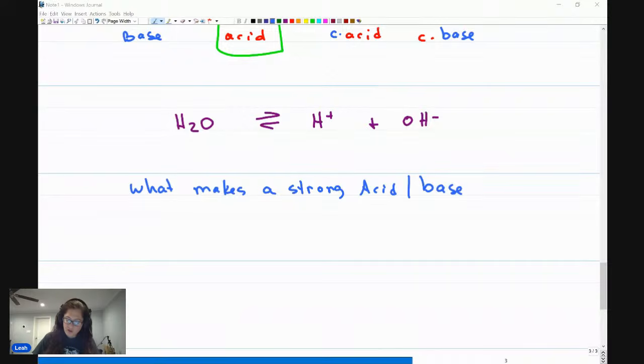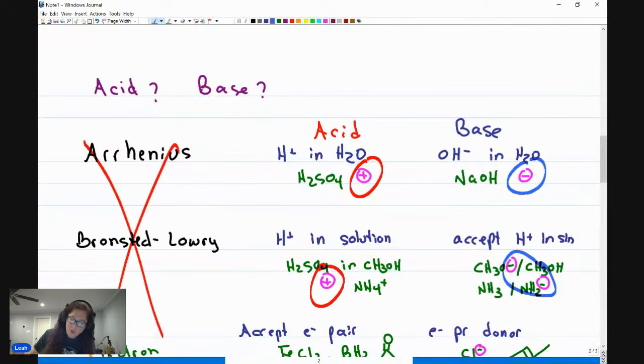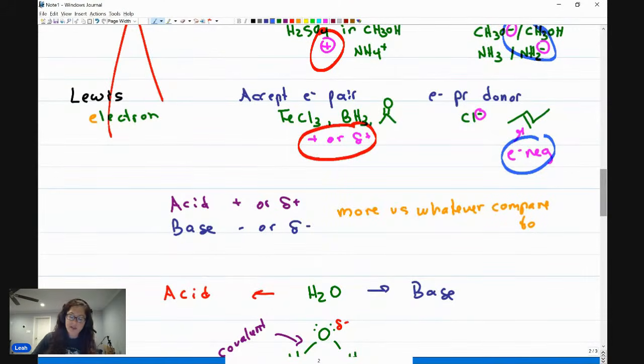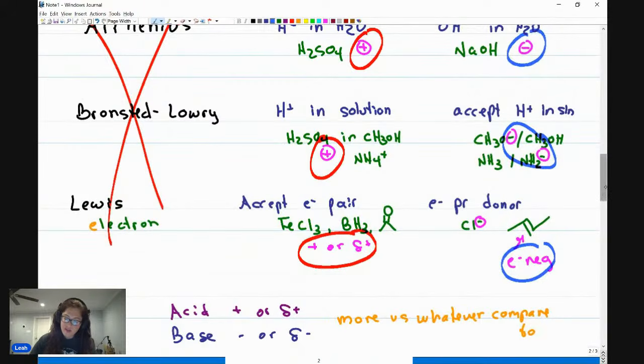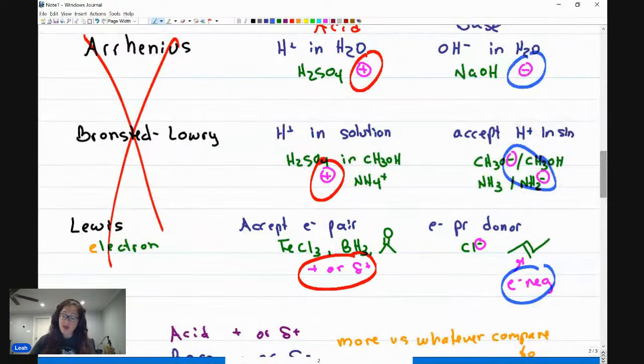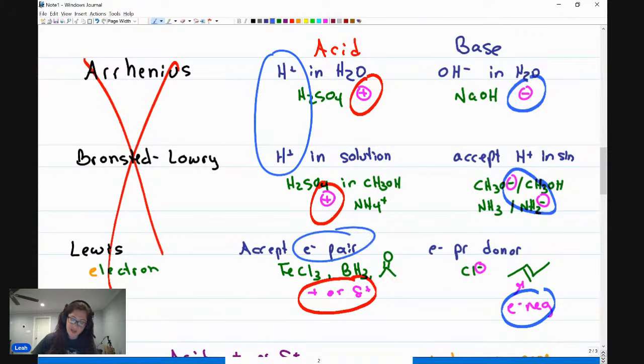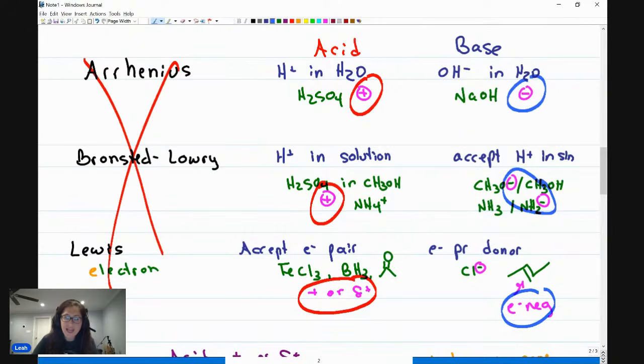To answer the question of what makes something strong, let's go back to what makes the thing what it is. If an acid is something that is partially positive or positive, and these different types of acids want to give away their protons, then if an acid is something that gives away a proton or accepts an electron pair, the more likely it wants to do the thing that it's supposed to do, the stronger it is.